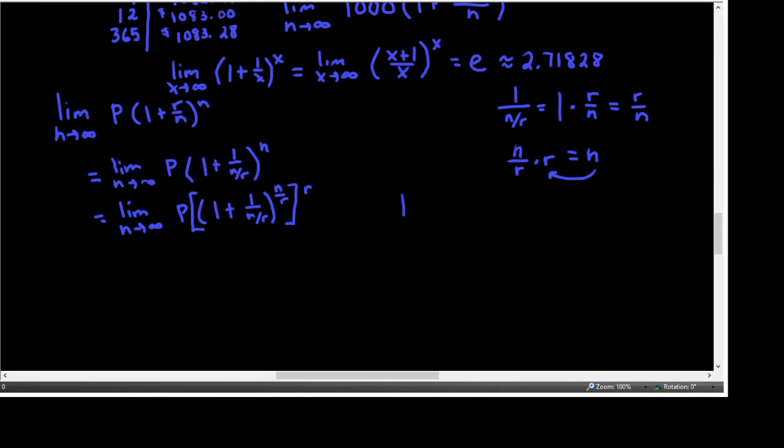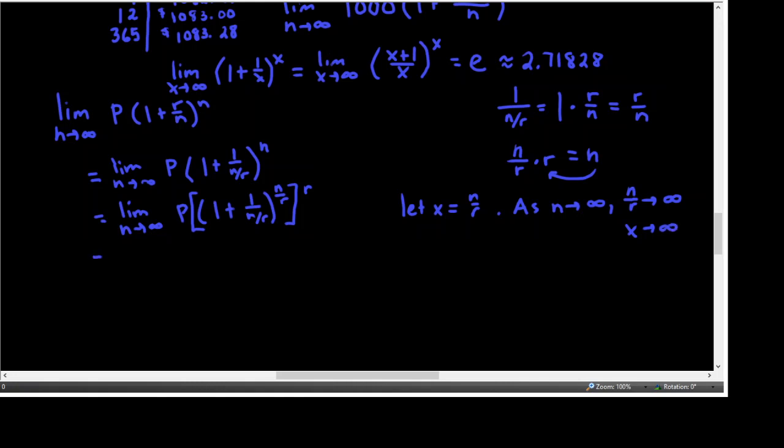Now, I'm going to let x replace n over r. Then, as n goes to infinity, and r is a constant, that would mean that n over r would still approach infinity, which implies that x would have to approach infinity as well.